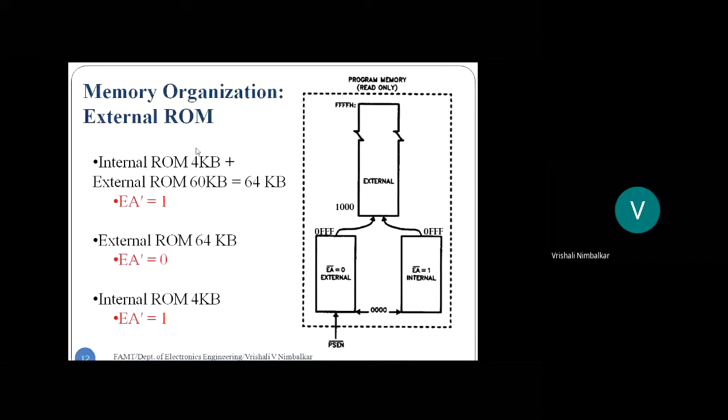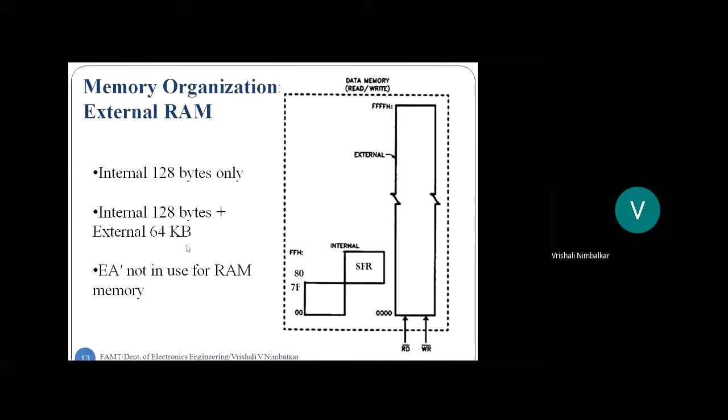Like in the case of ROM, 60 plus 4 was sharing, internal plus external. In RAM, sharing is not there. You have to use internal memory. Whether you connect external RAM or not, internal 128 bytes are always to be used. Correct? So purely 128 byte internal only, or 128 byte internal plus 64 KB external is the option available.